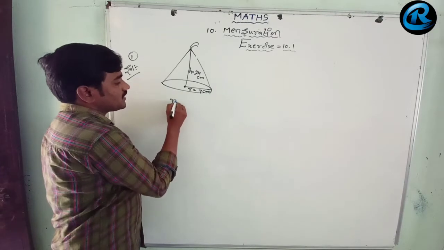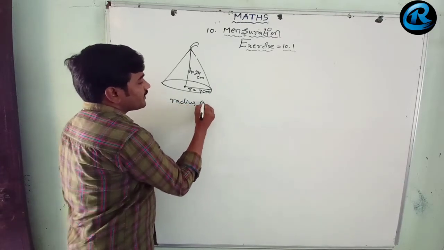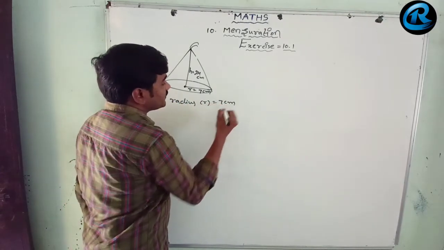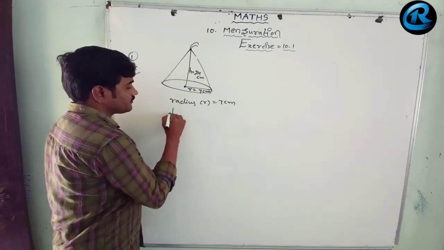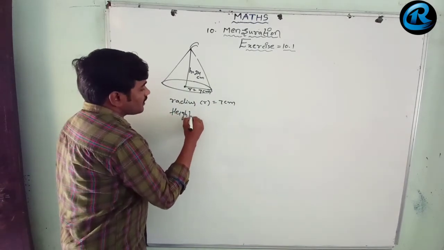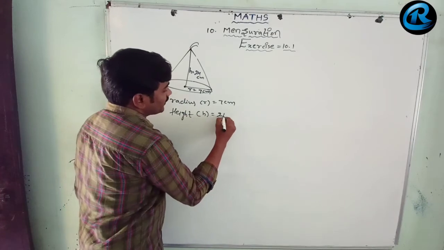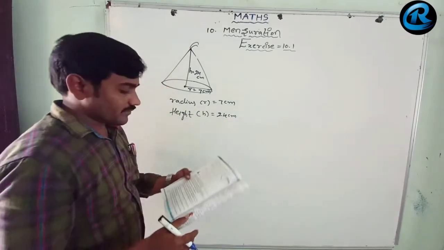The radius is given, r equal to 7 cm, and height h equal to 24 cm.